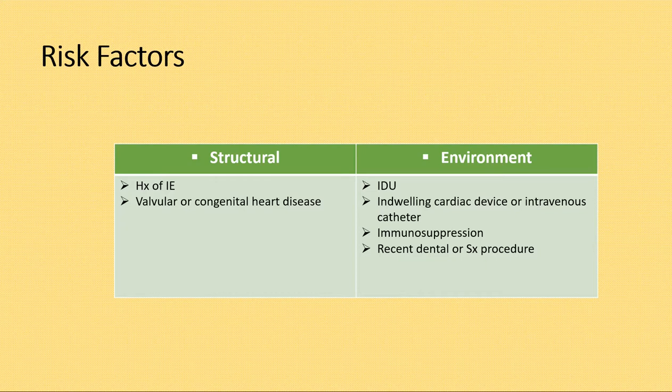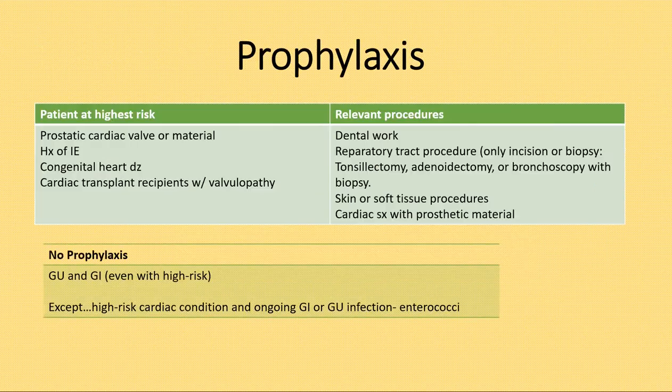What I mean by environmental is that the bacteria has gained access to the bloodstream, such as when the patient uses intravenous drugs, when there is any kind of cardiac device or intravenous catheter, such as a central line, when the patient is immunosuppressed, when there is any kind of recent dental or surgical procedure.